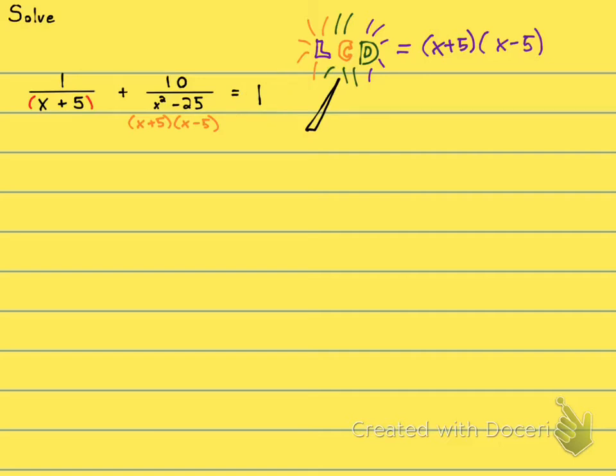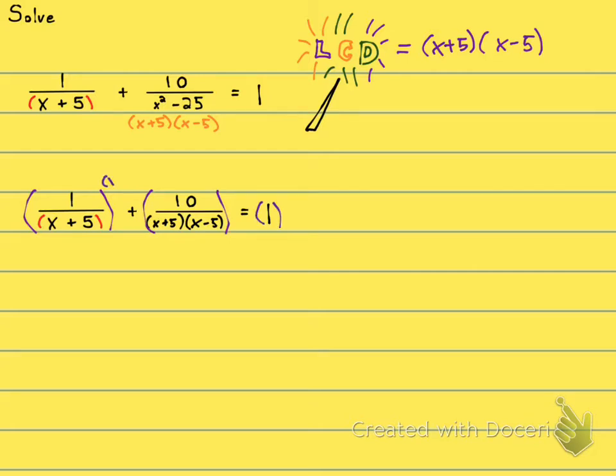All right, now what I'm going to do is rewrite this equation, and I'm going to replace this denominator, x squared minus 25, with its factored form, x plus 5, x minus 5. Okay, now I'm ready to multiply everything through by the LCD. So this term, and this term.